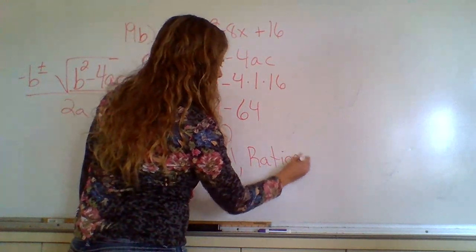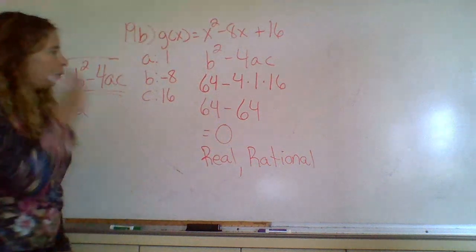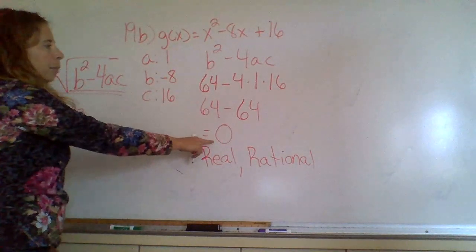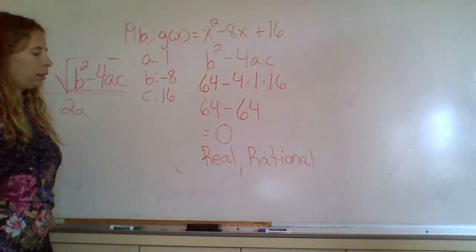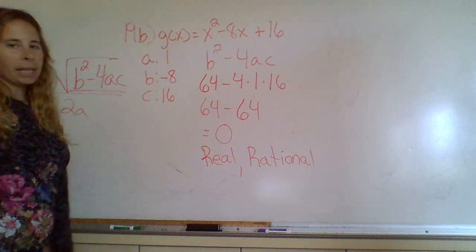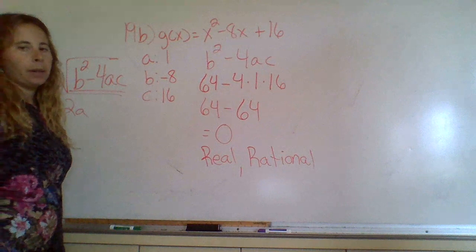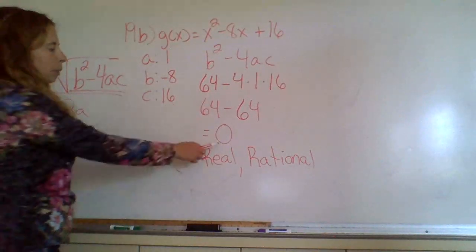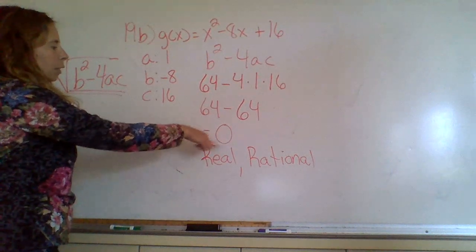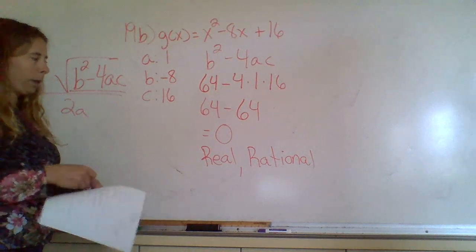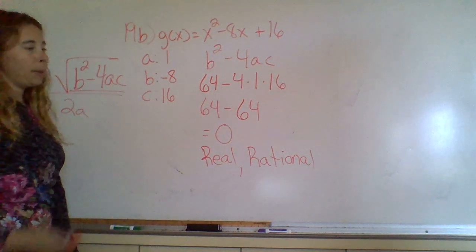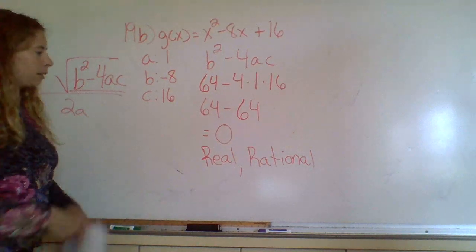Also, if you get 0 here, that means there is a repeated root. So it only crosses your x-axis once. That's what happens when you get 0. So that means your vertex is on the x-axis.